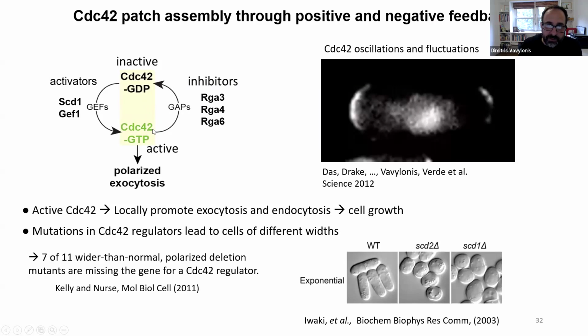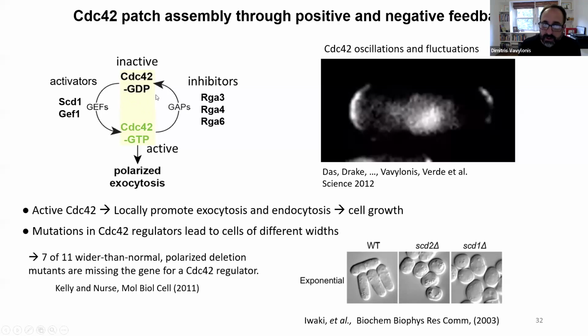The active form can be inactivated by inhibitor proteins called GAPs, GTPase activating proteins, and there are 3 of them in these cells, and it can be activated by proteins called GEFs, and there are 2 of them in the cells, SCD1 and GEF1.